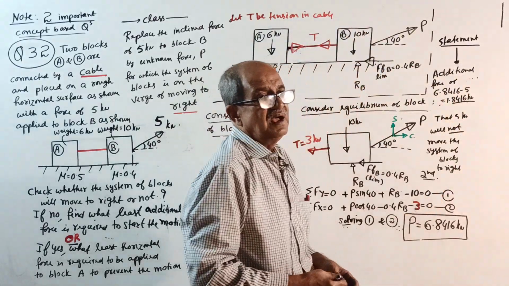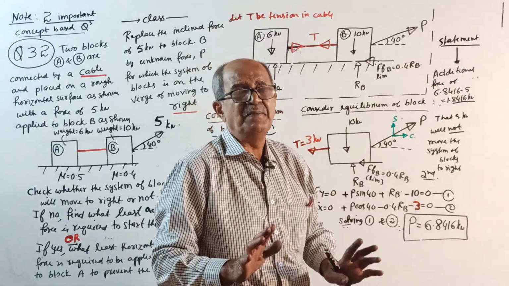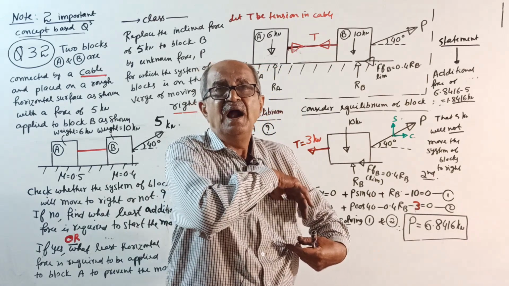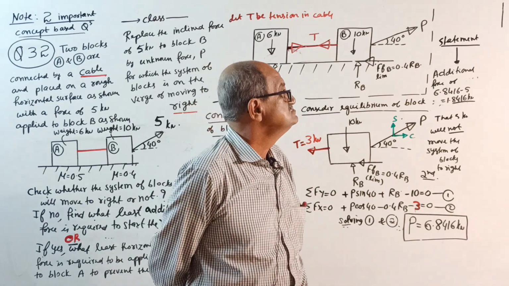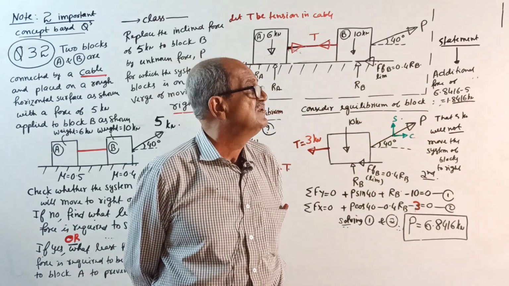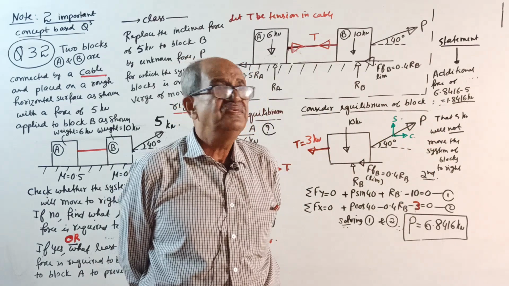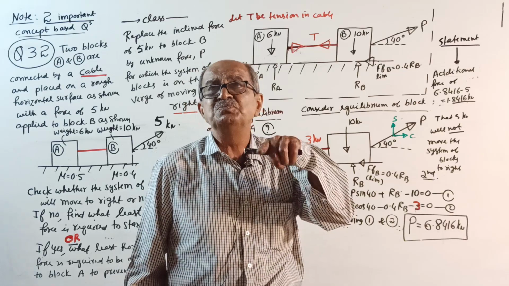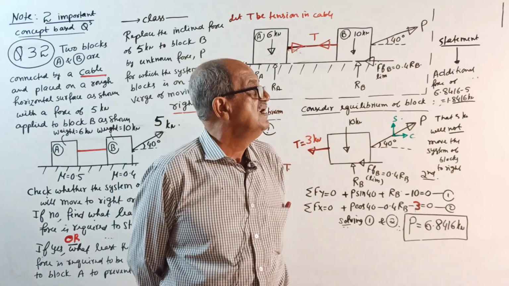Over. I will tell you a simple example. You have 100 rupees in the pocket. You want to buy something. The question is, can you buy something? If no, see how much more money is required.